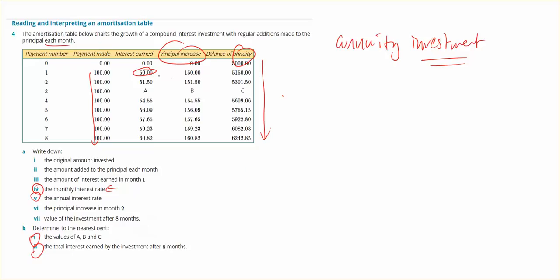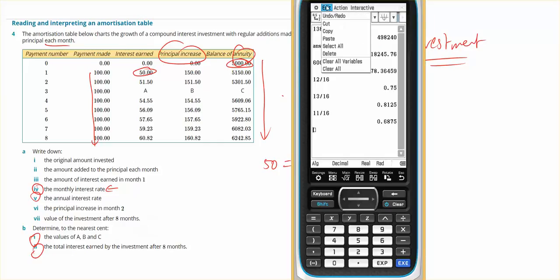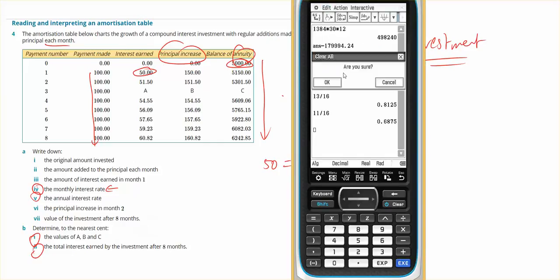I know the interest earned from $5,000 was $50. Okay, so I know that $50 was a result of the interest gained from 5,000. So I'm going to put that on my CAS calculator and solve it. Let's go to CAS, clear all.